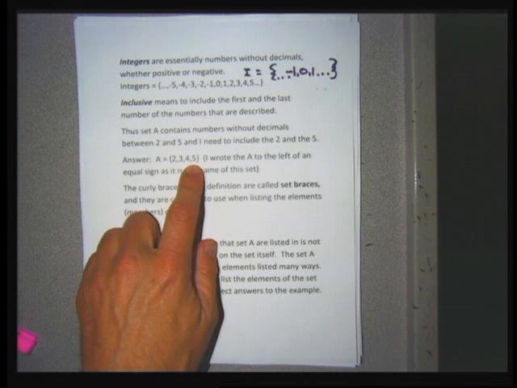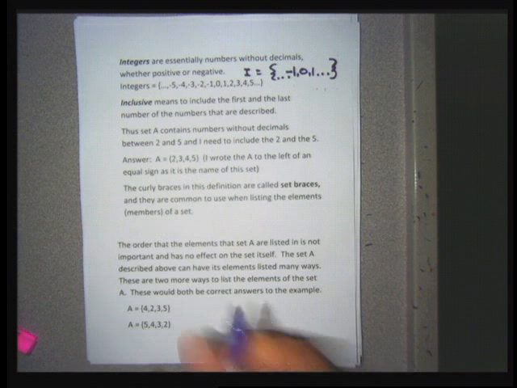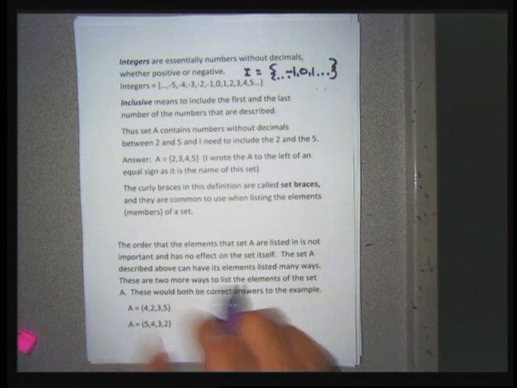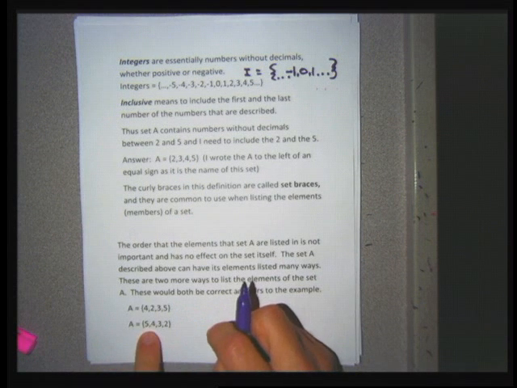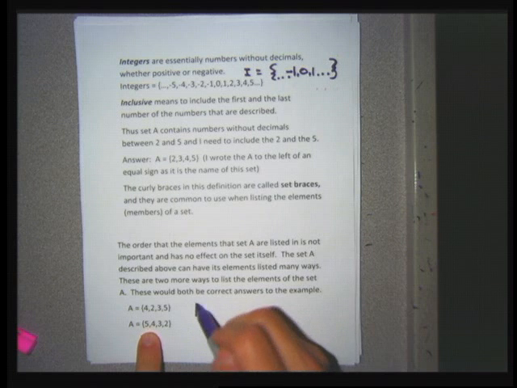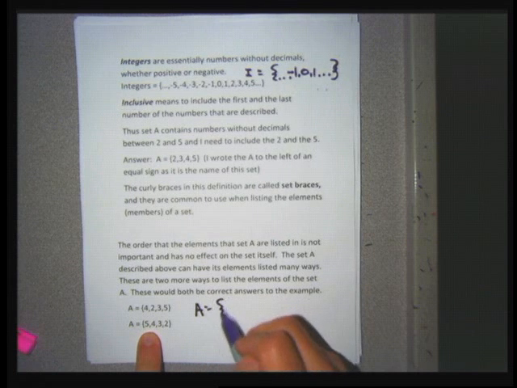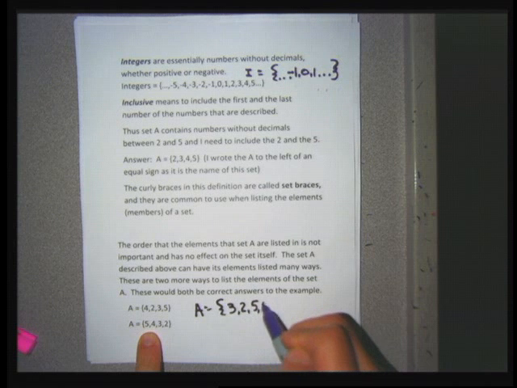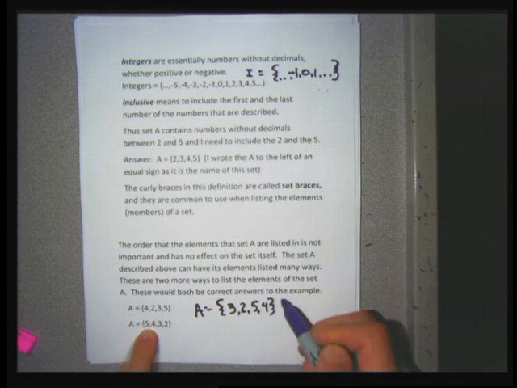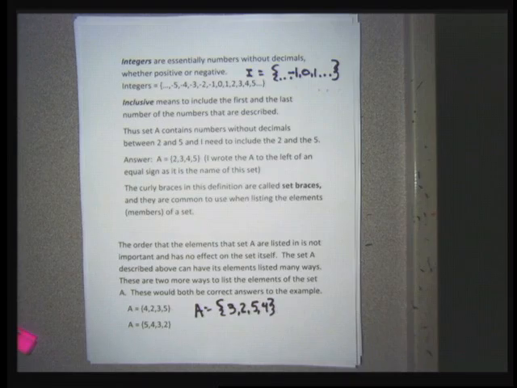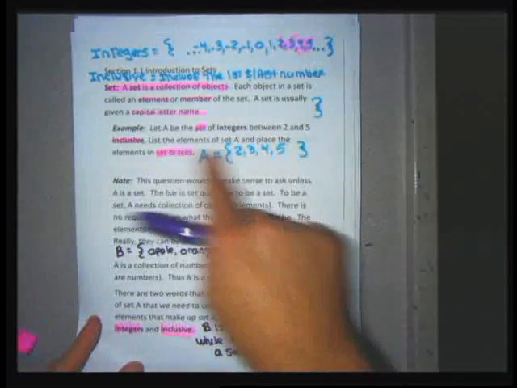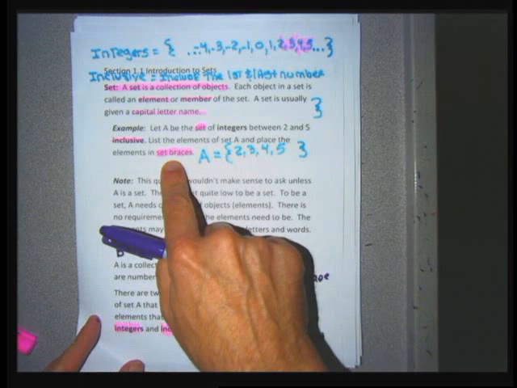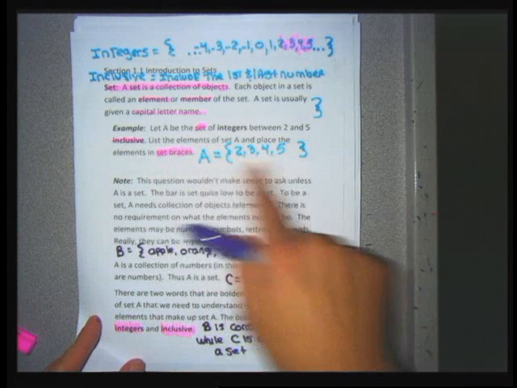It turns out that had I written A equal to 4, 2, 3, and 5, or A equal to 5, 4, 3, and 2, or A equal to 3, 2, 5, and 4, my answer would still have been correct. The instructions just said list the elements of set A and place the elements in set braces. There isn't any requirement of ordering.